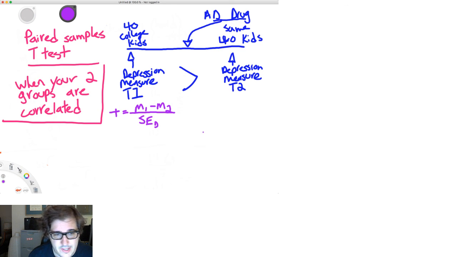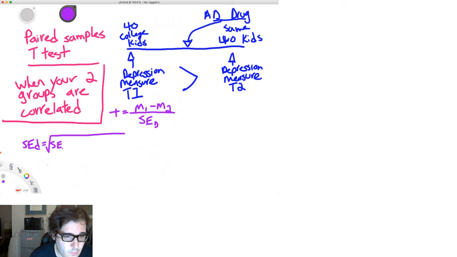And usually, the SED equals the square root of the standard error of mean 1 squared plus the standard error of the mean of group 2 squared. That's how it always used to be.